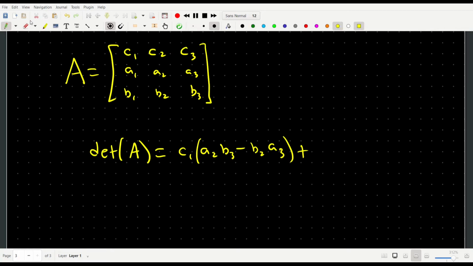Likewise, we have to subtract the C2 term. We cross off the first row and the second column of this, which will give us negative C2 times (A1B3 minus B1A3).